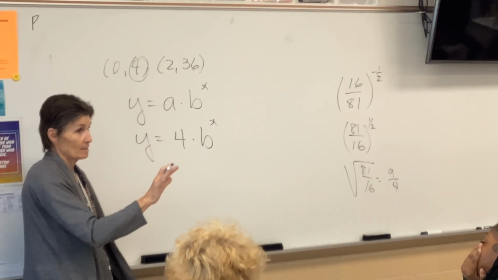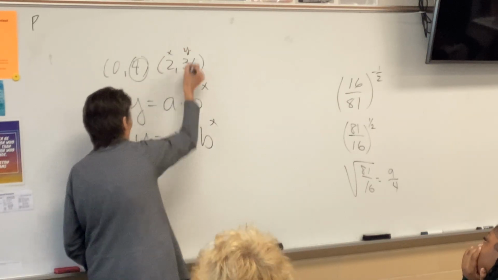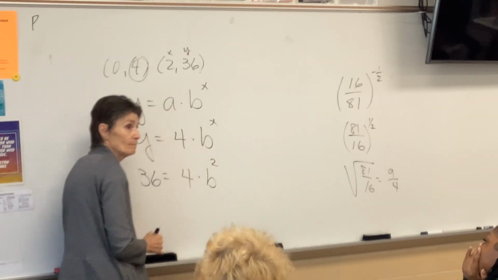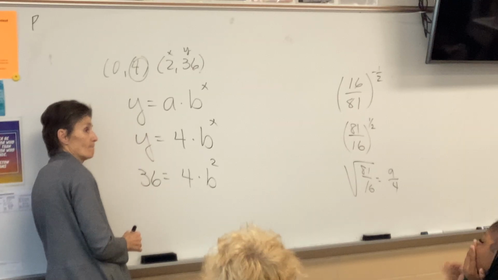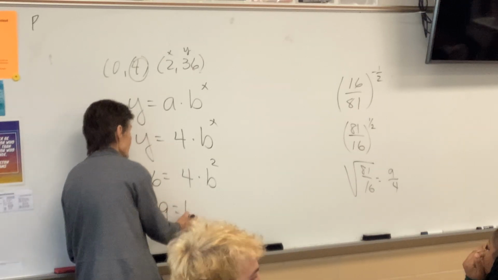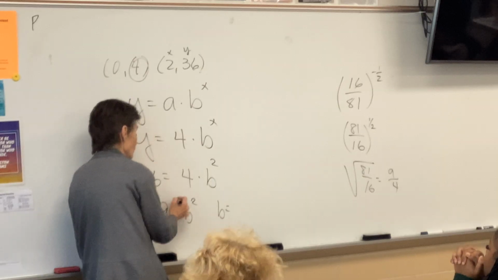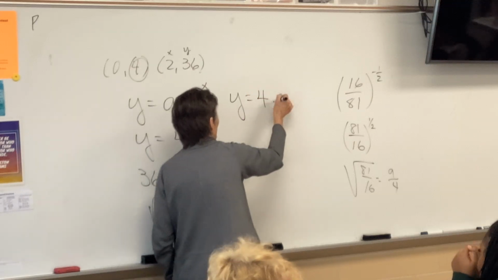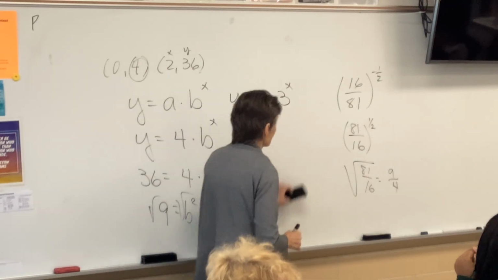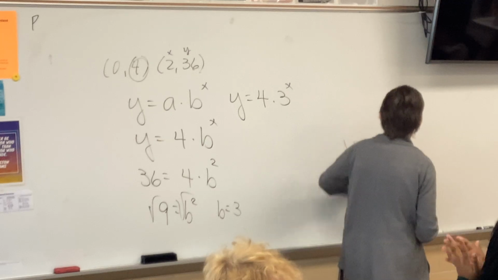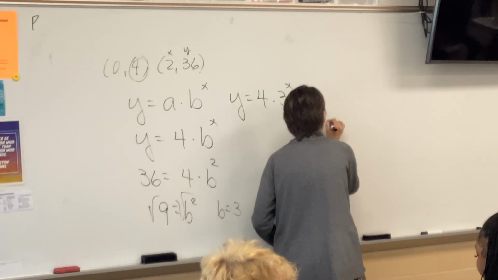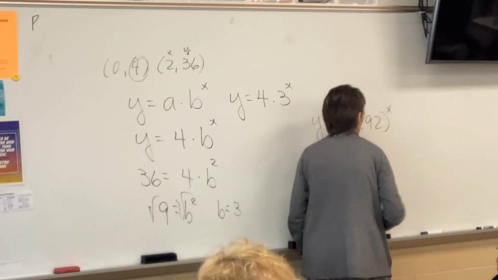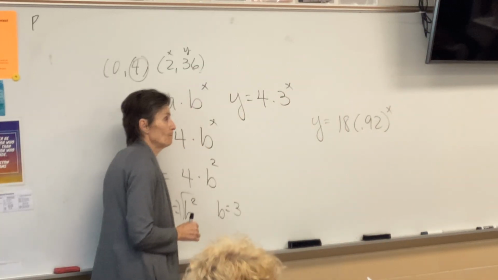Everybody's got this. So then here's my x and y. So 36 equals 4 times b squared. 9 equals b squared, so b equals 3. And our answer is y equals 4 times 3 to the x. There's an exponential.